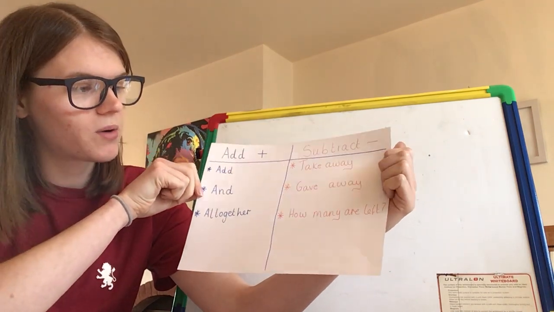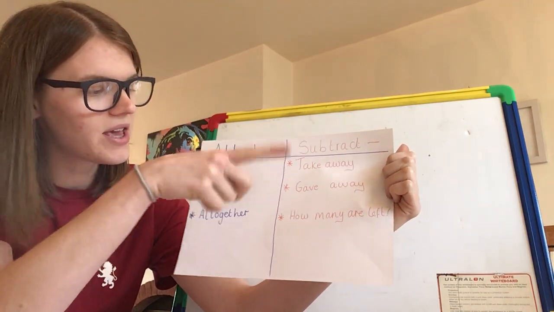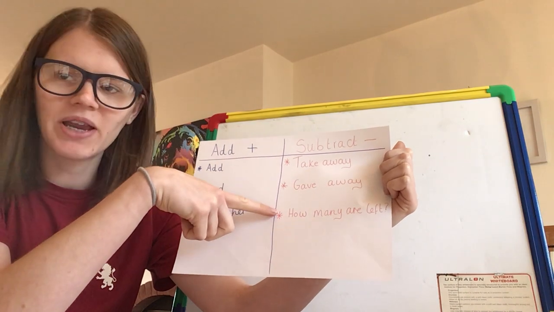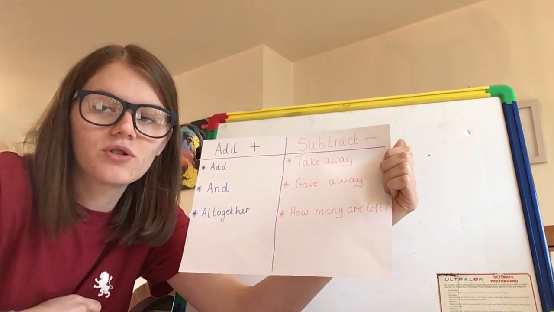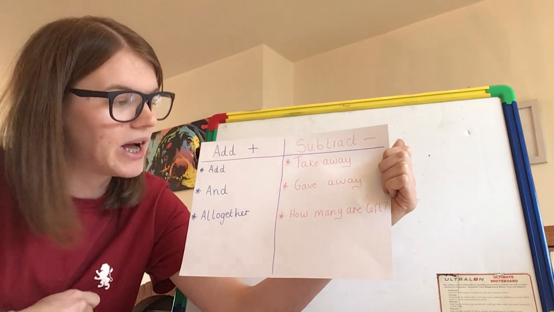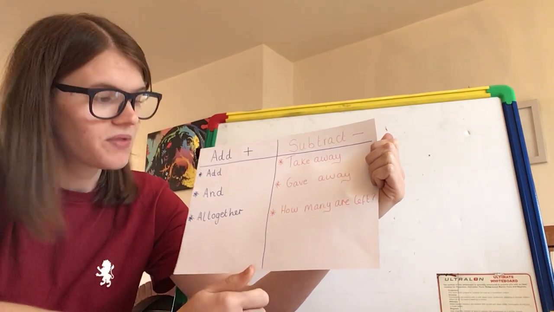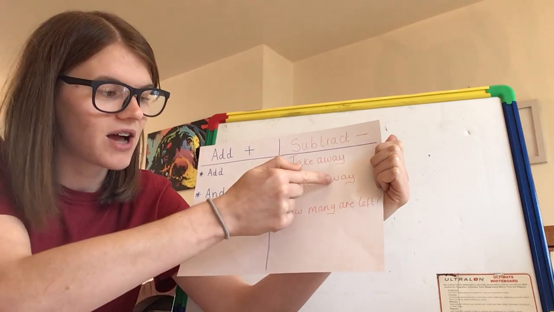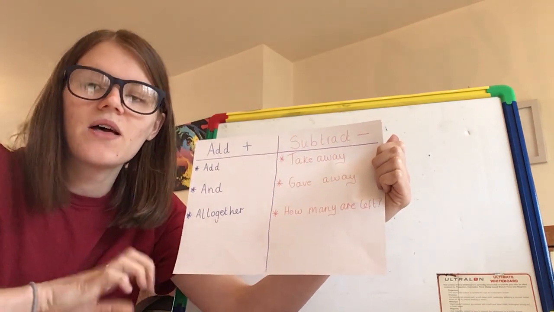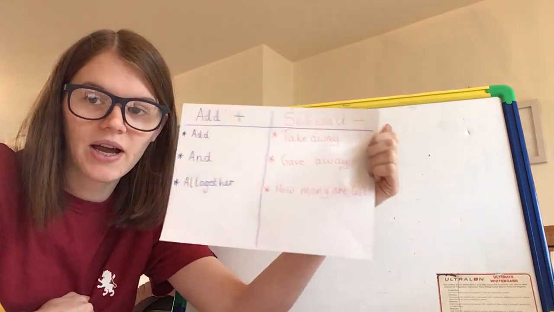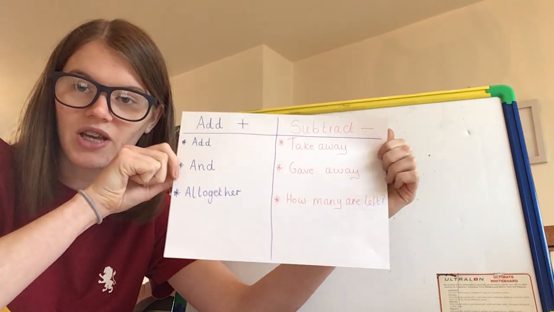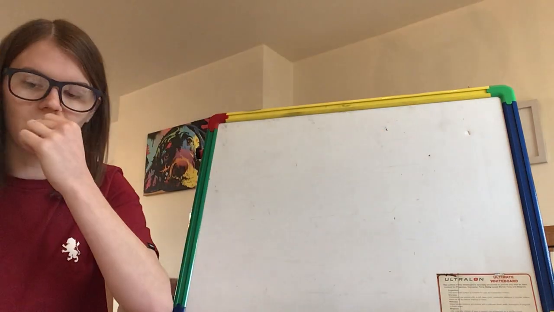If you are asked a question and it has take away, gave away, how many are left, they want you to do some subtraction, okay? So if you are doing take away, someone gave something away, and how many are left after somebody has given something away, they are subtracting, okay? So remember these. You can pause the video and write these down if you want to help you.